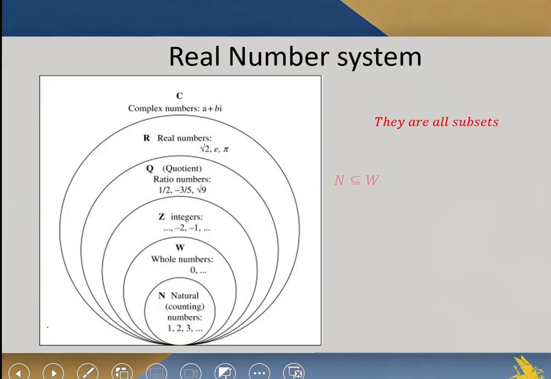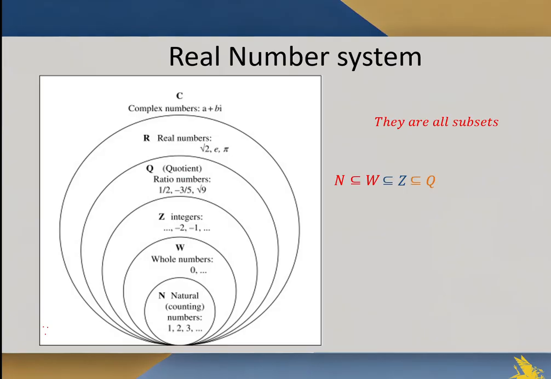So natural is a subset of whole numbers. Integers has all the whole numbers plus it goes into -1, -2, -3. So it is a subset of them. Integers are a subset of fractions as quotients because we can turn any integer, like -2, into a fraction, -2/1.